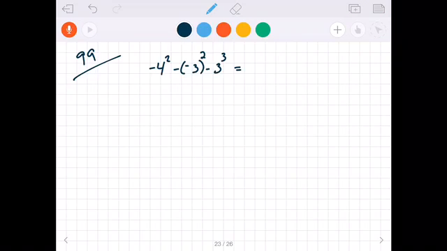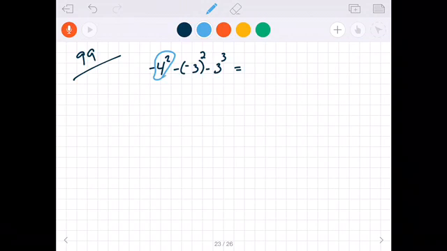All right, because the only negative sign that has an exponent being used on it is the negative 3. You have to have the parentheses in order for the sign to go with the number when you deal with the exponent.